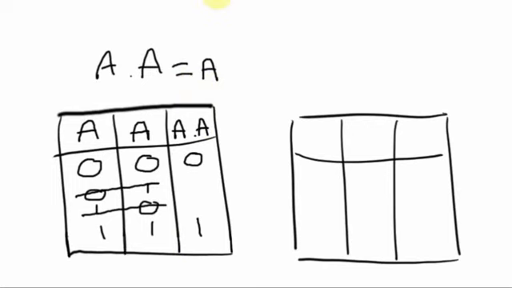Next, let's try A and not A. So let's write that, A and not A. So if this is A, this is not A. So if A is 0, not A is 1. And similar to over here, there's only a limited combination that we can have.